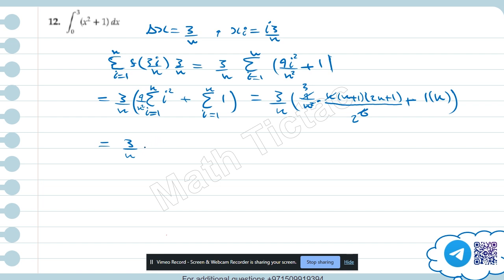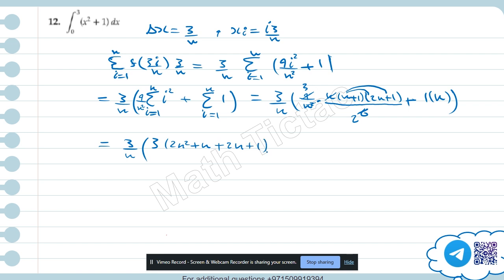Now also we can simplify it more, so n plus 2n is 3n, and we have 2n squared. Now let's enter the 3 inside, distributive property. So that will give me 3 over n multiplied by 6n squared plus 9n plus 3, over 2 plus n.